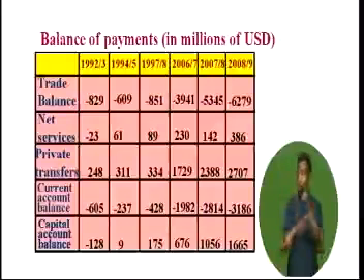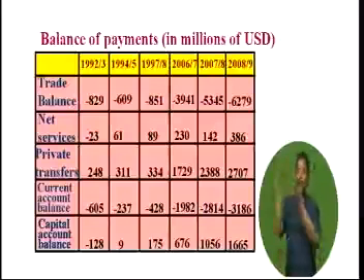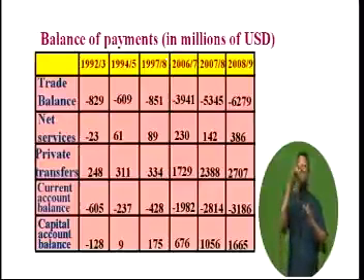Let's now consider the trend of current account and capital account balance using the data from some selected years. As you can see from this table, which is available in your textbook, the value of exports is less than the value of imports for all the years, implying a negative trade balance or a trade deficit.